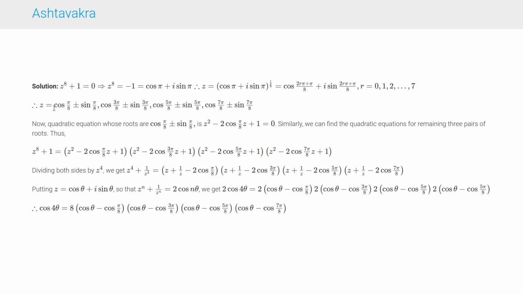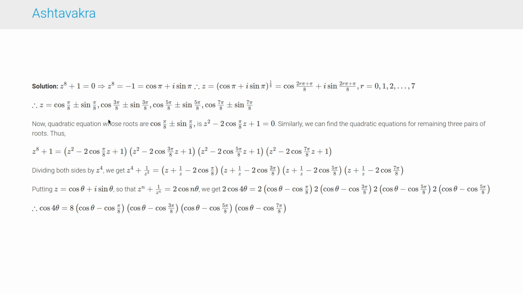So we get z as cos pi by 8 plus minus i sin pi by 8, cos 3 pi by 8 plus minus i sin 3 pi by 8, cos 5 pi by 8 plus minus i sin 5 pi by 8, cos 7 pi by 8 plus minus i sin 7 pi by 8.